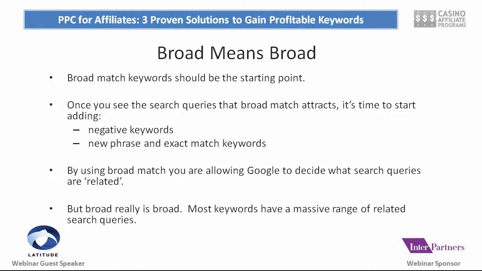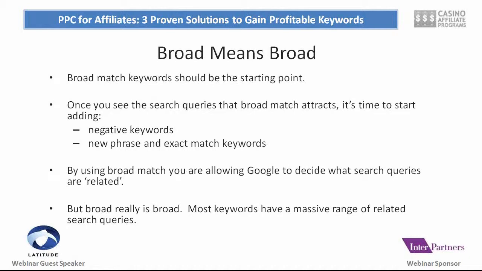If you're only using broad match terms within your account, then you're basically letting Google decide which search queries are, in quotations, related, which is perhaps a dangerous game to play when you want to have better control over the bids you put on your keywords as well as the budgets assigned to them. So the takeaway from today's webinar is broad really is broad.